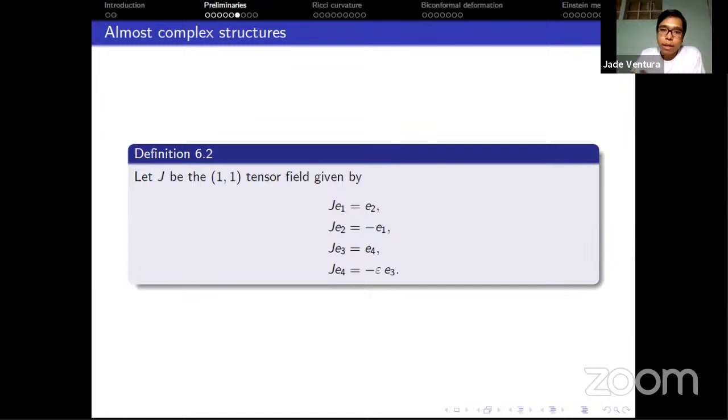J is actually an almost complex structure on individual horizontal spaces, and J is also an almost complex structure on individual vertical spaces. So it's a rotation by an angle of plus pi over 2. All in all, J is a Hermitian form on the manifold M.